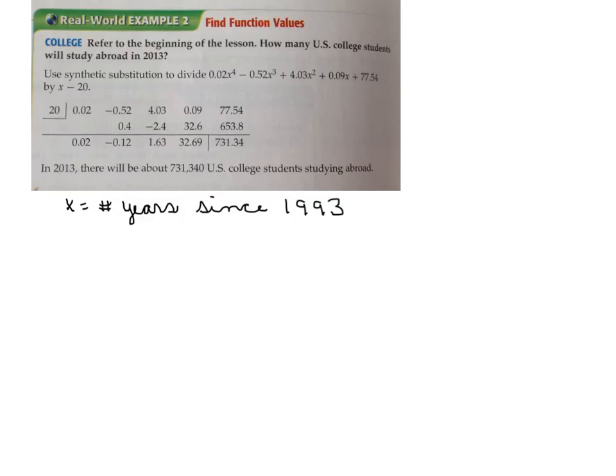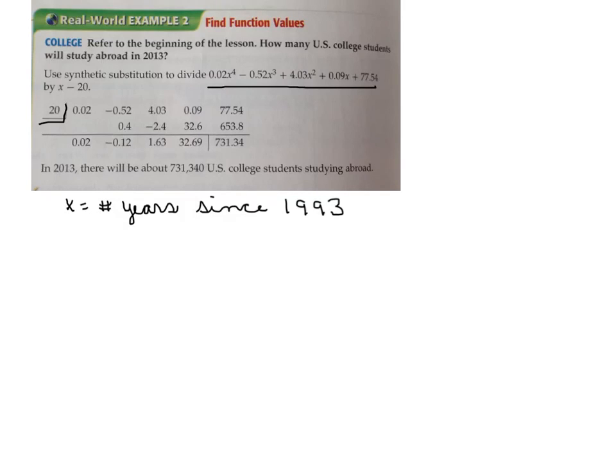The real-world example is based on the polynomial that they used in the beginning of the reading. And if we go back and read it, it says college, referred at the beginning of this lesson. How many U.S. college students will study abroad in 2013? And they're dividing by x minus 20. Why are they using 20?